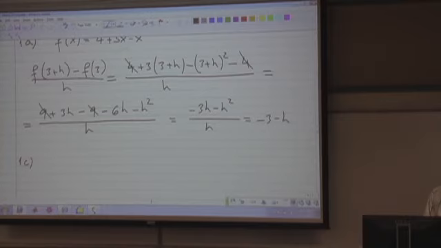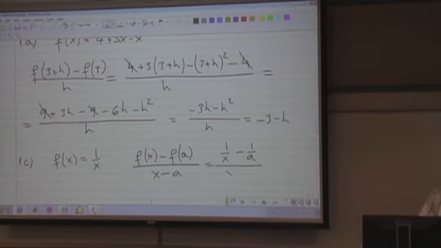So f of x equals 1 over x. And we're looking at f of x minus f of a divided by x minus a. So we're looking at 1 over x minus 1 over a, divided by x minus a.